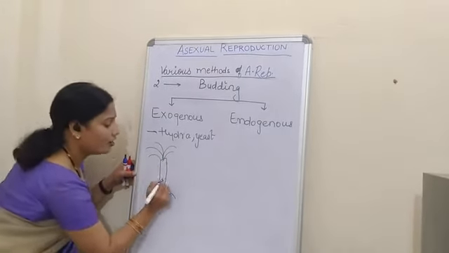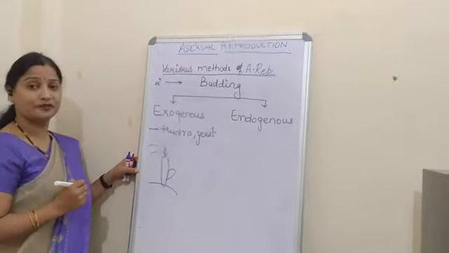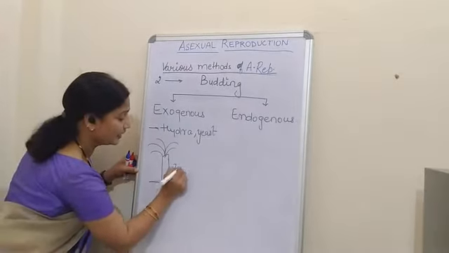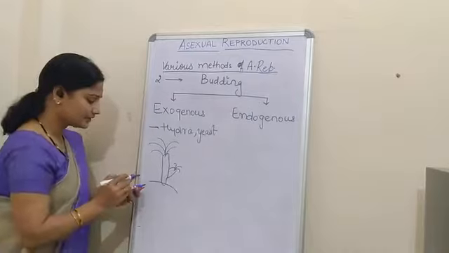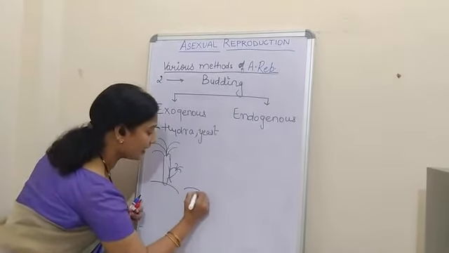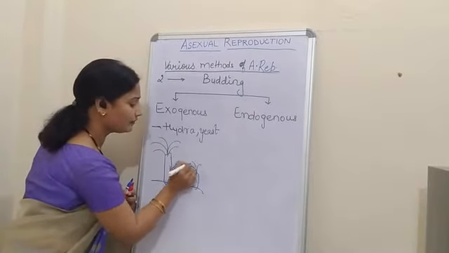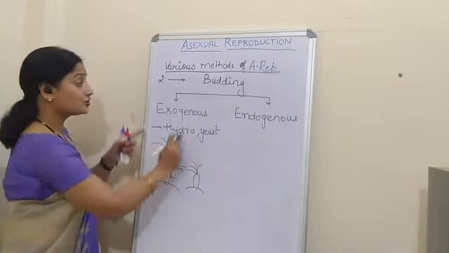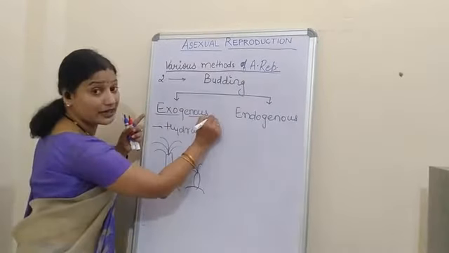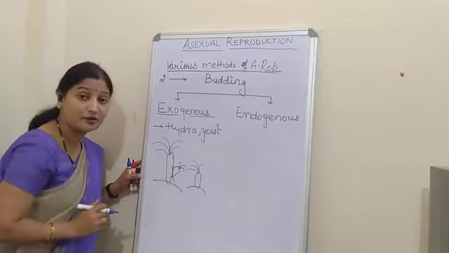Now a small outgrowth will develop on the body of the hydra, and when it attains some maturity, it will cut off from here, again attach to the substratum and develop. This is called exogenous budding because there is a formation of bud on the outside of the body.